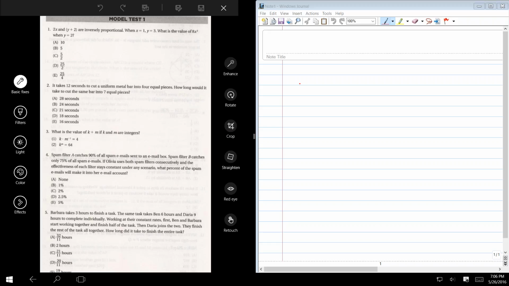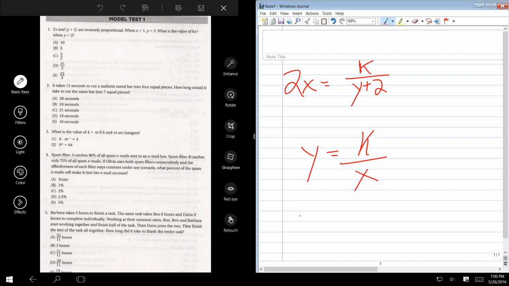Well, if 2x and y plus 2 are inversely proportional, how can I write that as an equation? Okay, so you're making a proportion. So like 2x would be equal to 1 over y plus 2. Yeah, only instead of 1, it's some constant, k. When I say something is inversely proportional to something else, if I said y is inversely proportional to x, it would be written like this. If I said y was directly proportional to x, it would be written like that. And then the first step is usually to solve for k.